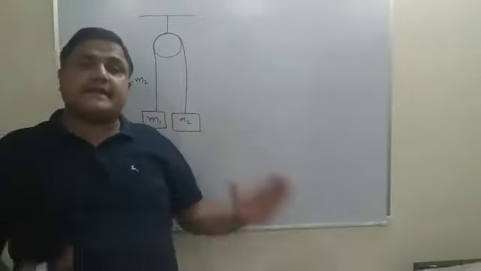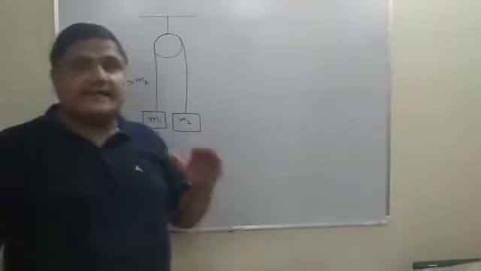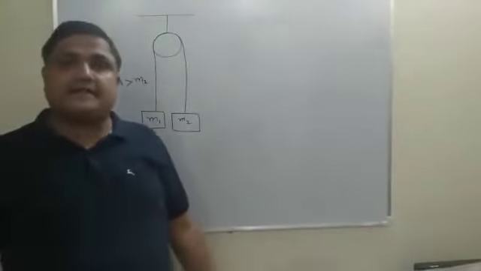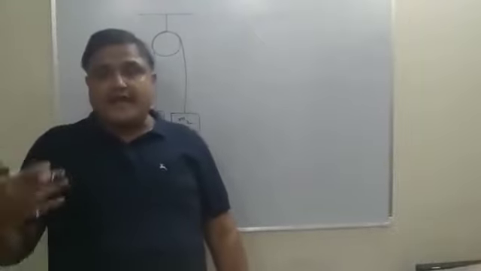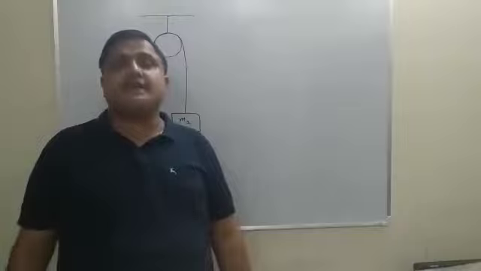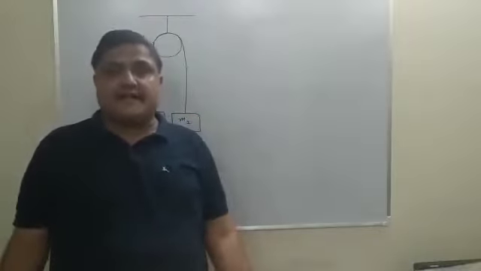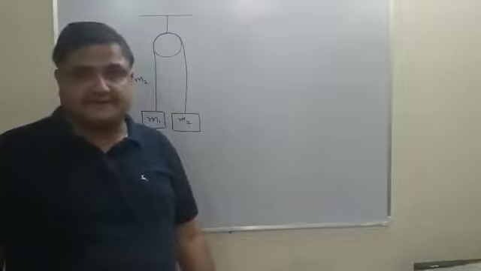And the third case, if the thread has mass, then tension will be different and at different points. Today we will discuss the ideal case in which the pulley is frictionless and the thread is massless.